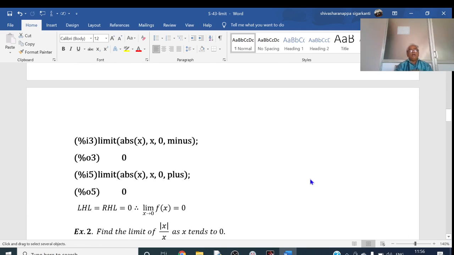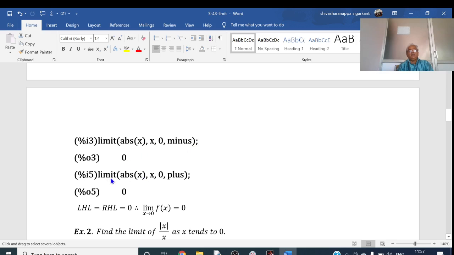And here we have Maxima commands. To find the limit of a function, the command is limit. For mod x, I will write abs bracket x, comma, the variable is x, tends to a, meaning 0 here. For the left hand limit, I will write minus, and I am getting 0.